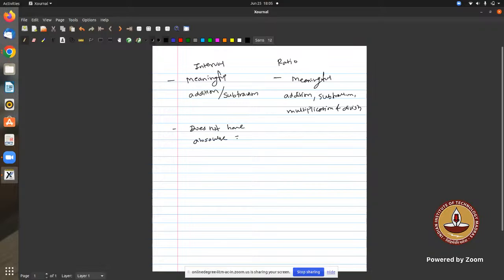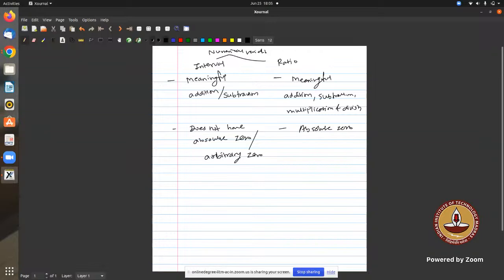Does not have absolute zero means it has an arbitrary zero. I will tell you the meaning of arbitrary. And in ratio scale of measurement, we have absolute zero. Both of these scales of measurement are applicable to a numerical variable.